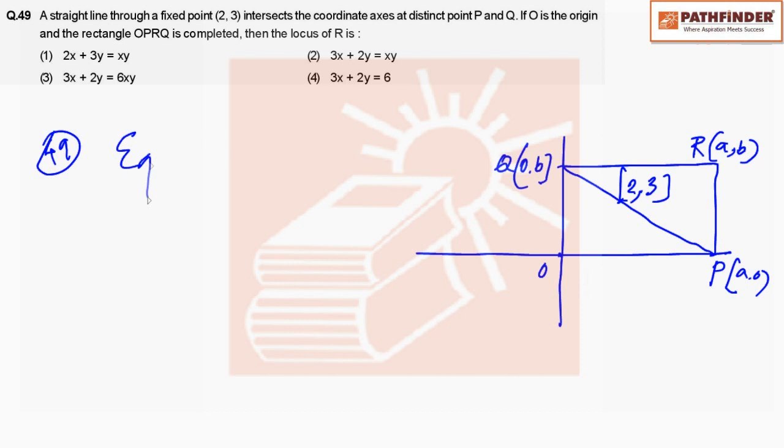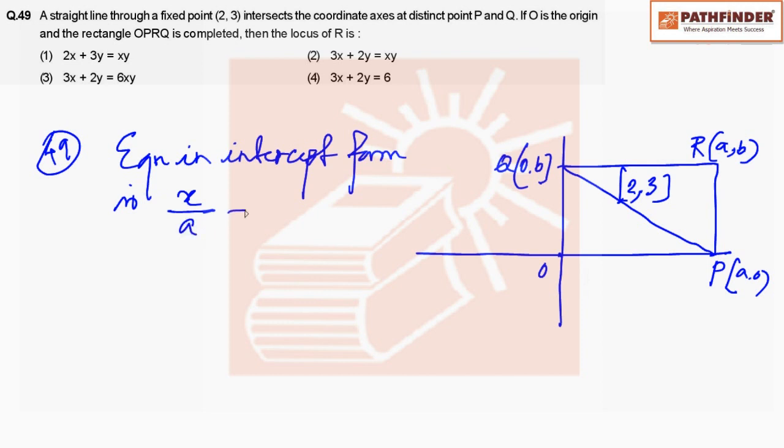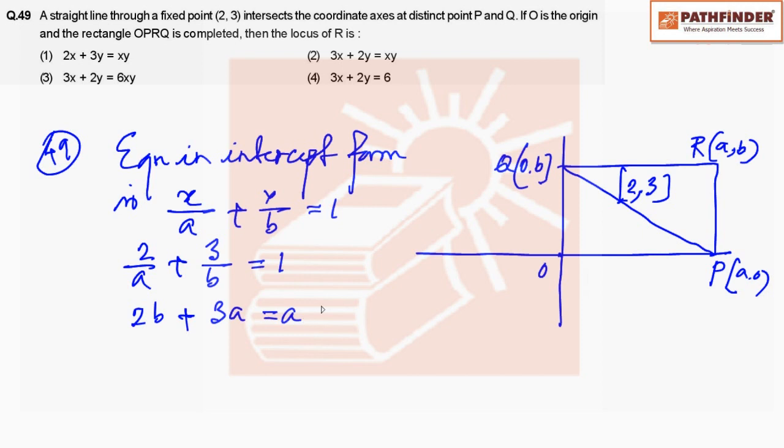So the equation in intercept form is x by A plus y by B equal to 1. Now 2, 3 will satisfy this equation. That means 2 by A plus 3 by B equal to 1, which implies 2B plus 3A equal to AB.